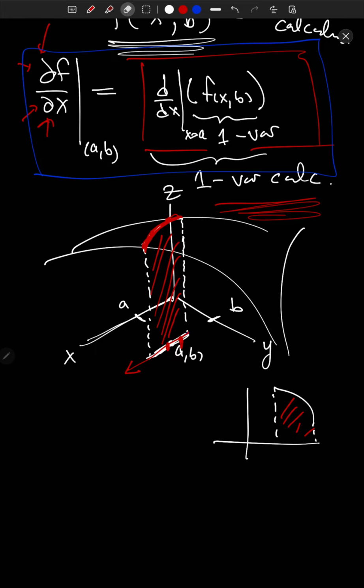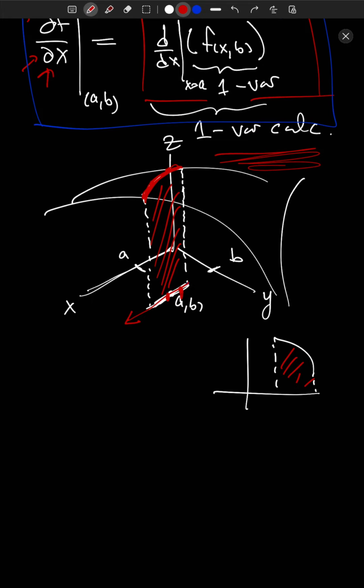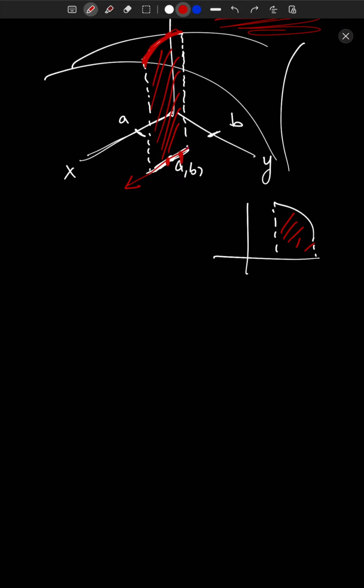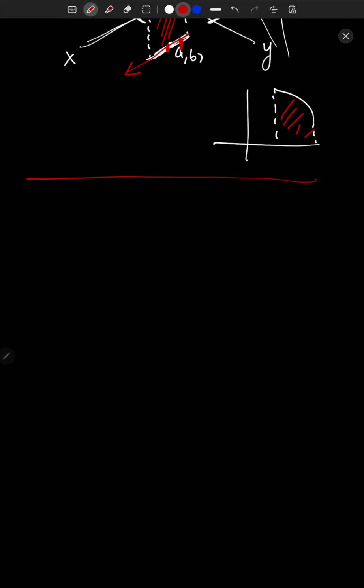Okay, so this partial derivative is exactly telling you how the function is changing in the x direction as x changes. All right. So given that we're not changing y at all when we do this partial derivative, that means it's really, really easy to take partial derivatives.